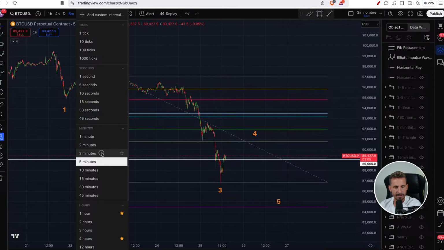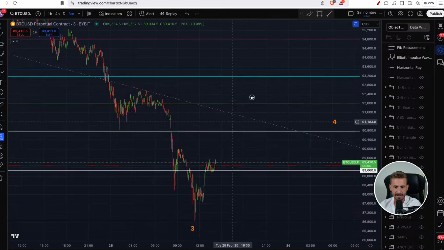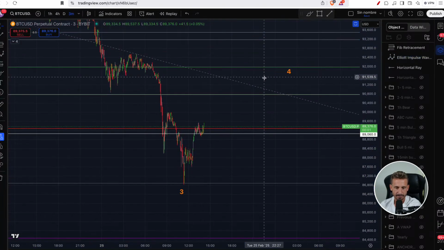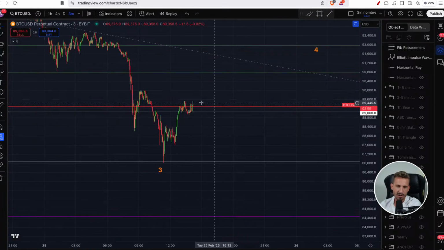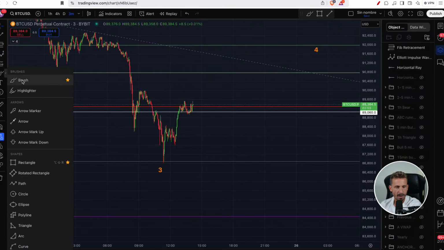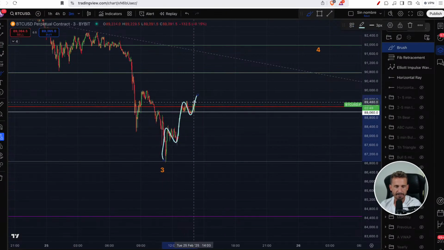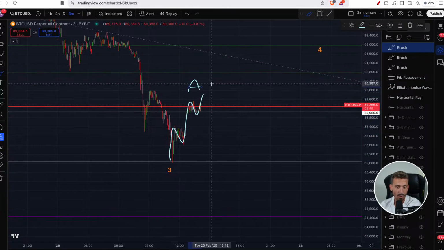When we do zoom into the 3-minute time frame, we really need to analyze this local movement. I can already see the possibility of 1, 2, 3, 4, 5 that could form your A wave or your 1 wave.